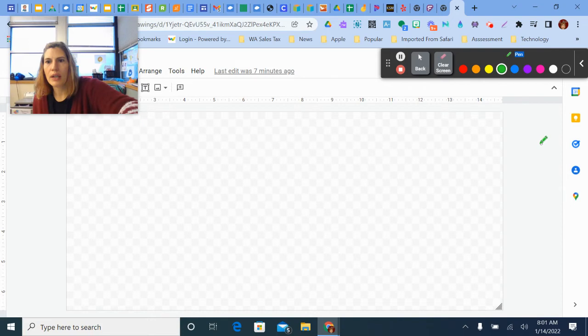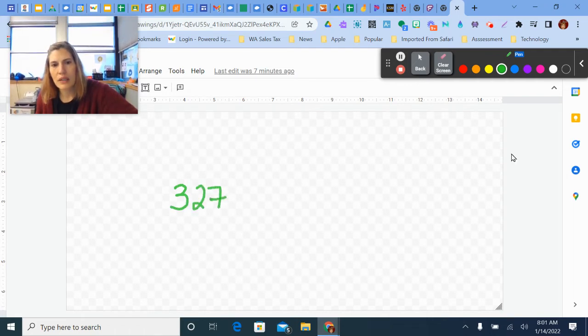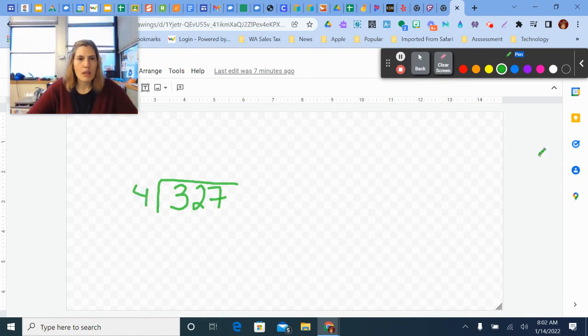Let me see if I can write it a little neater. We have, let's try 327, and let's divide it by 4. Well, I'm going to think of, again, how many times can 4 go into 327, and I'm going to try to take the biggest piece away.